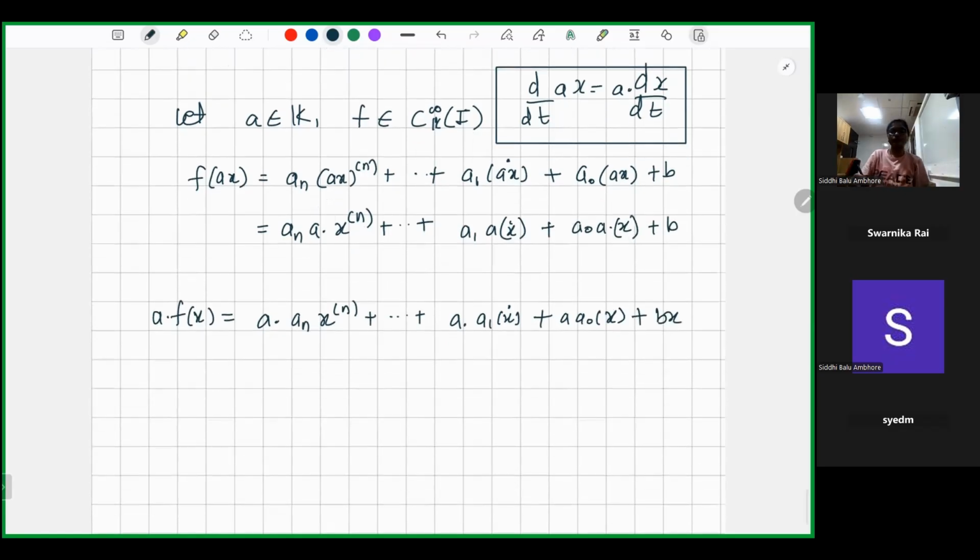But again, everything is coinciding. If I just take all the a's outside, the multiplication is happening in k, or R, whatever your codomain is. This is just multiplication of functions. Just multiply whatever the resultant value of this function is, and that's it.